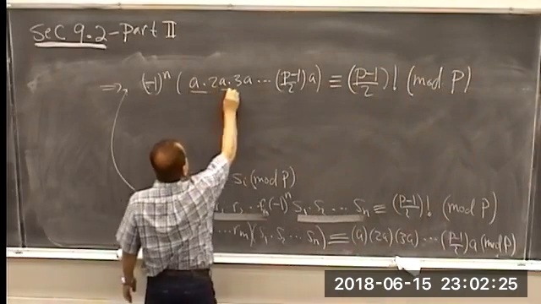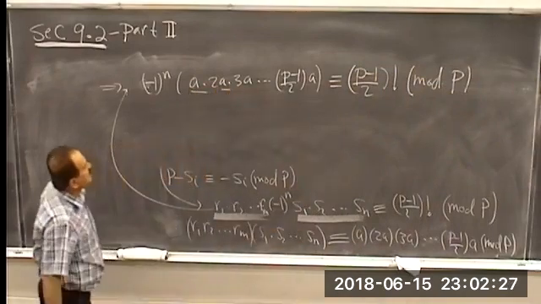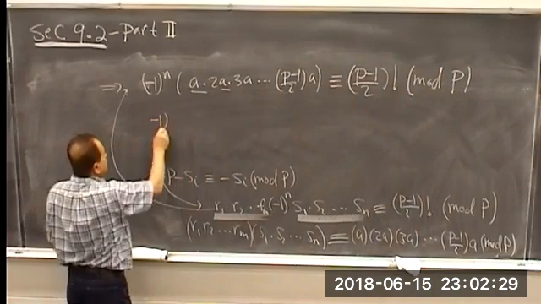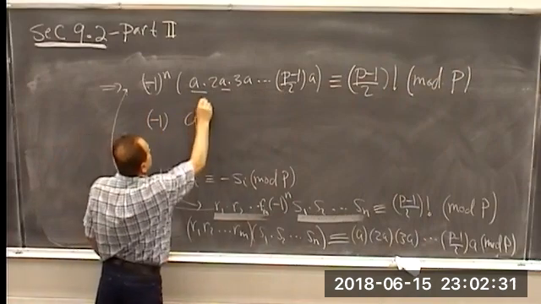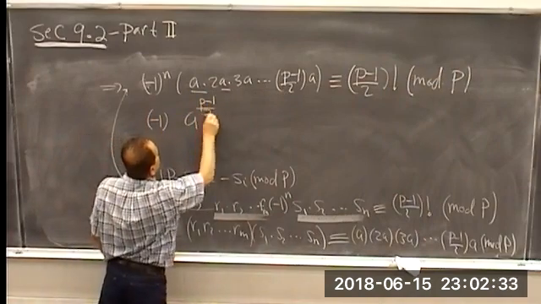Again, in here we're going to take a as a common factor, so it becomes (−1)^n a, and there are (p−1)/2 of them.